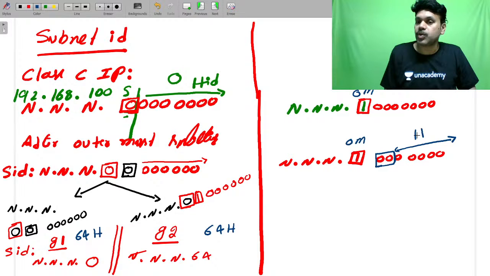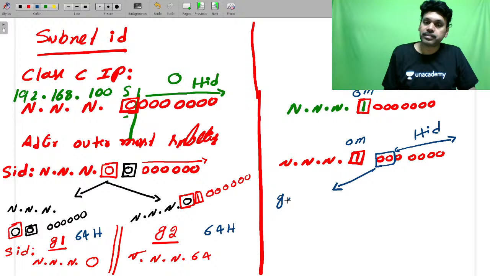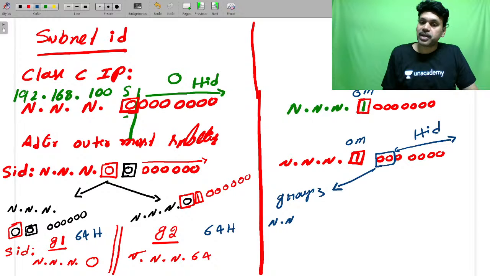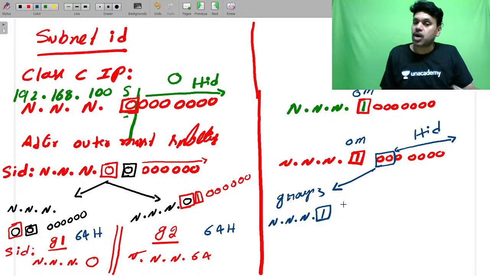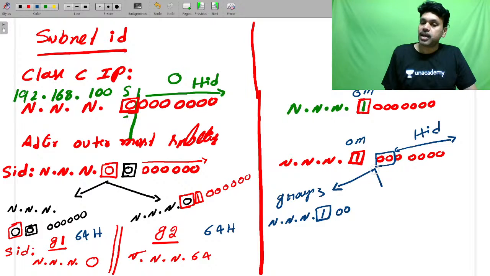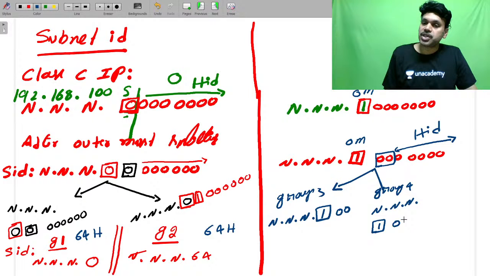Okay. So let us do group 3. So n dot n dot n dot, outer is 1 and inner 0 0. That combination you write. If I am taking 0 0, and somebody, group 4, is taking n dot n dot n dot, 1 is outer, he is choosing 0 1 combination, and the other guy, group 5, n dot n dot n dot, if you choose 1 0 combination.